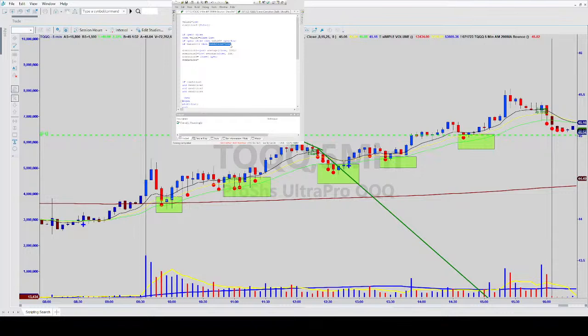If value 3 is not equal to 0, then, can I just do value 3? No, value 3 is not equal to 0, then value 3. Yeah, I think I can do that. Then value 3 has got to be greater than value 3.